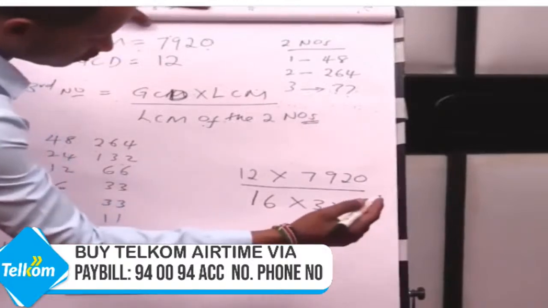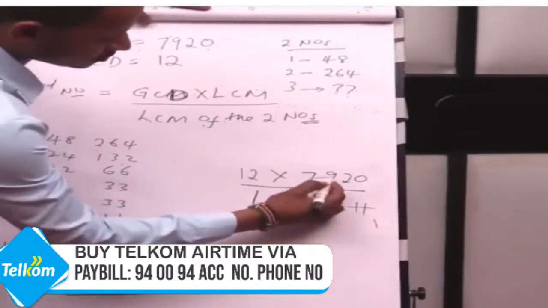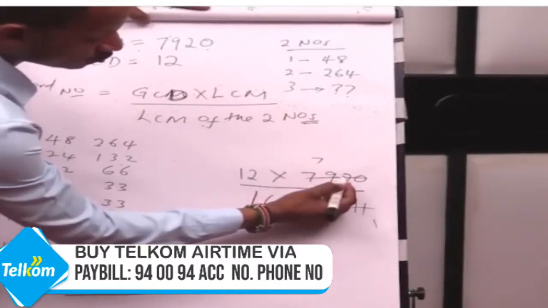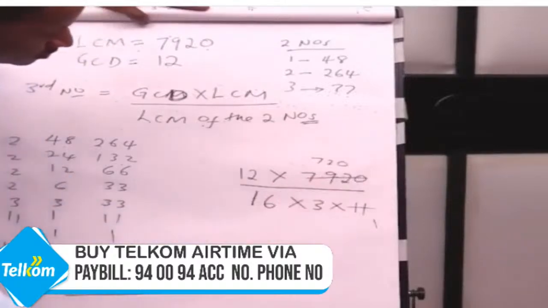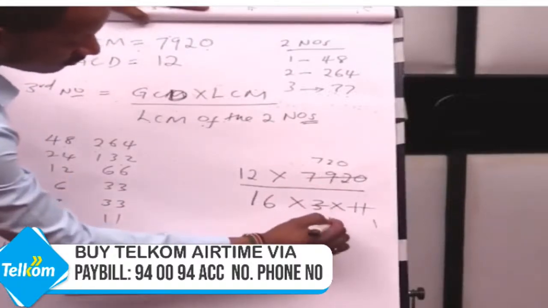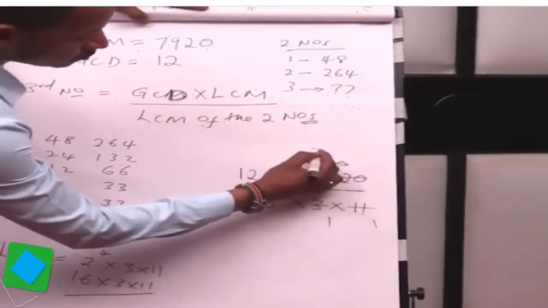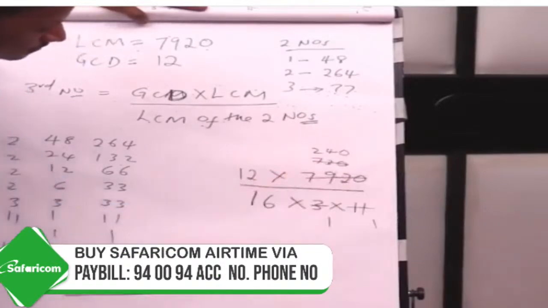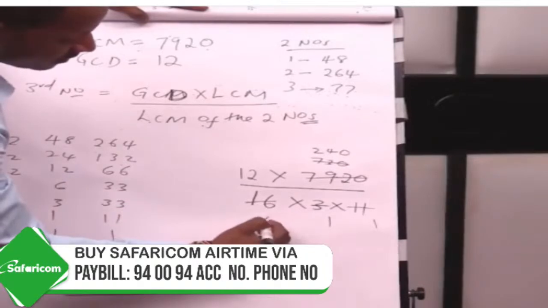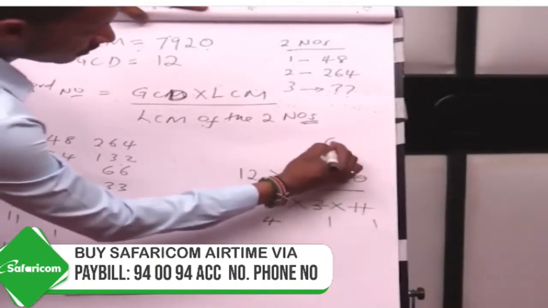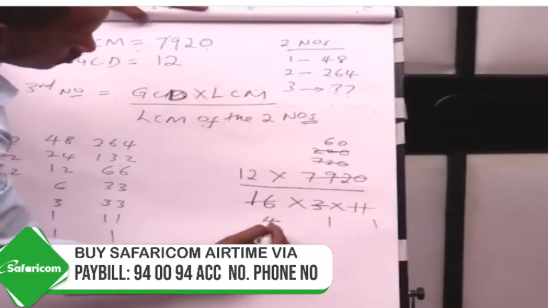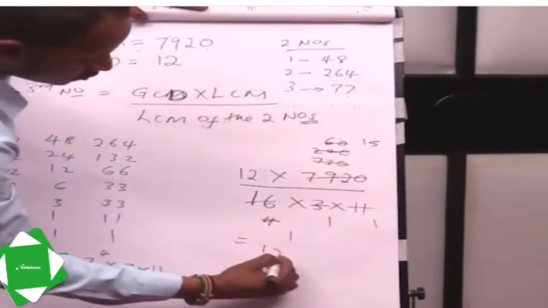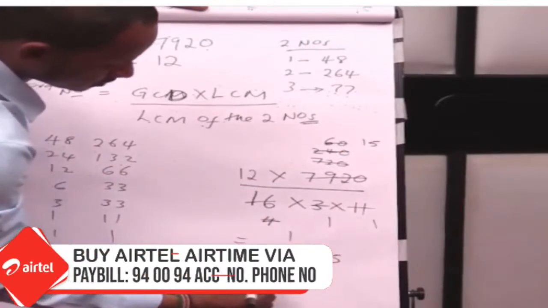Let's start with 11. 11 goes here once. 11 goes into 79 7 times, which is 77, remainder 2, into 22, 2 times, then 0. Then we go to 3. 3 goes here once, 3 goes here twice, which is 6, into 12, remainder 1, into 12, 4 times, then 0. Then let's go to 4. 4 here, 4 times. 4 here, 60. Then let's go to 4 again. 4 here once, 4 here, 15. So we remain with 12 times 15. This is 180.